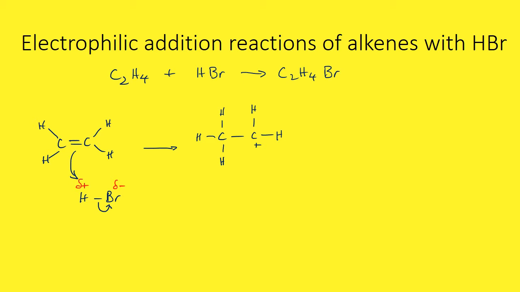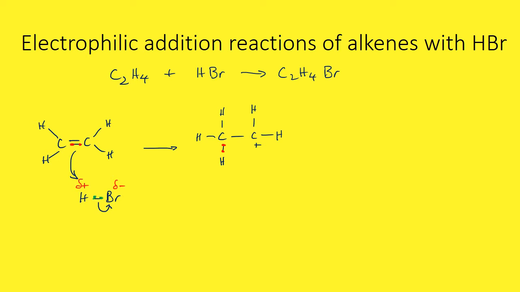Let's track some electrons before we go any further. Let's switch to red, and we can illustrate these two electrons in red here. This is the double bond that was broken, and so they become these two electrons here, bonding to the hydrogen that left without its electron. Let's switch to green and do these two electrons here.